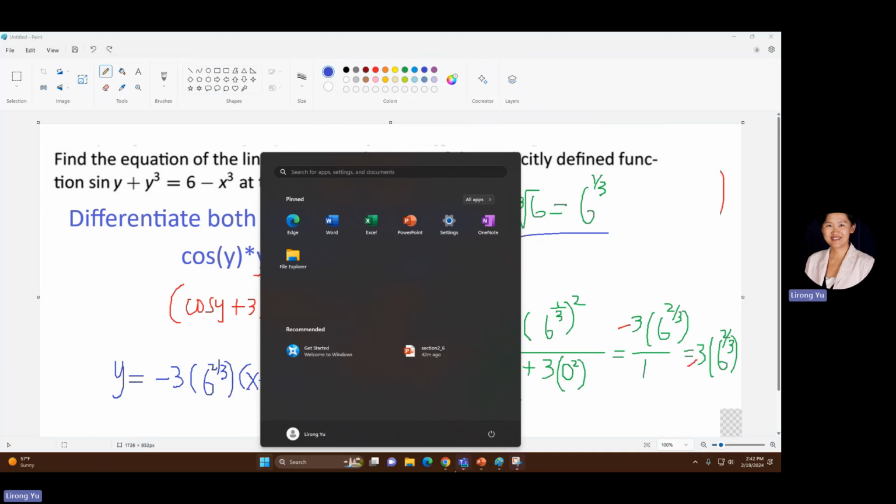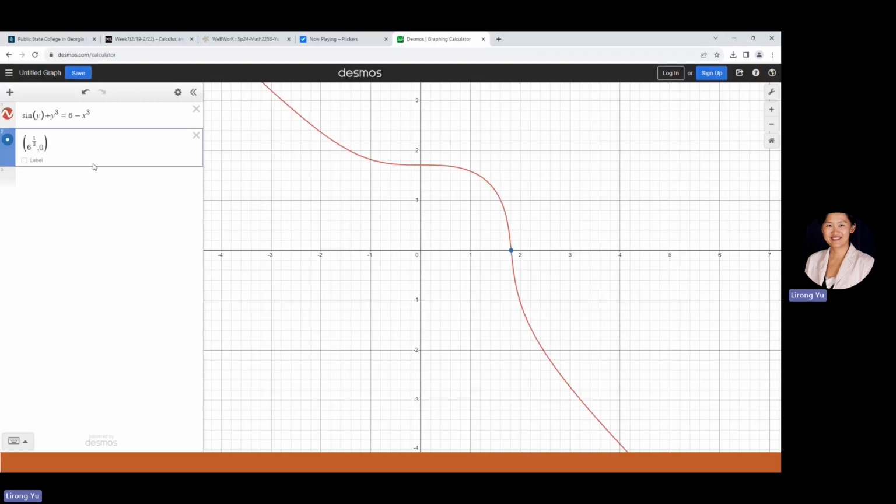And we can confirm that by graphing it right there. Y equal to -3 times 6 to the 2/3 power, and this is multiplied by x minus 6 to the 1/3 power. That's the x.